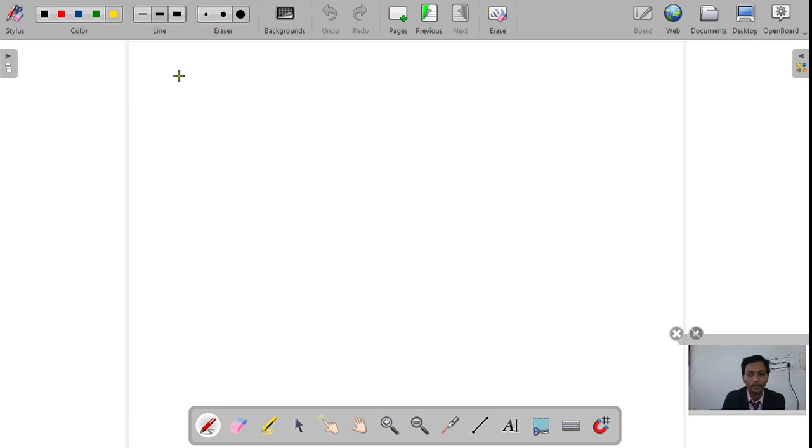Once again we are on the topic of completely randomized design. Here we are going to see the basics, that is how we construct the completely randomized design, before entering into the problem. What are the steps needed?